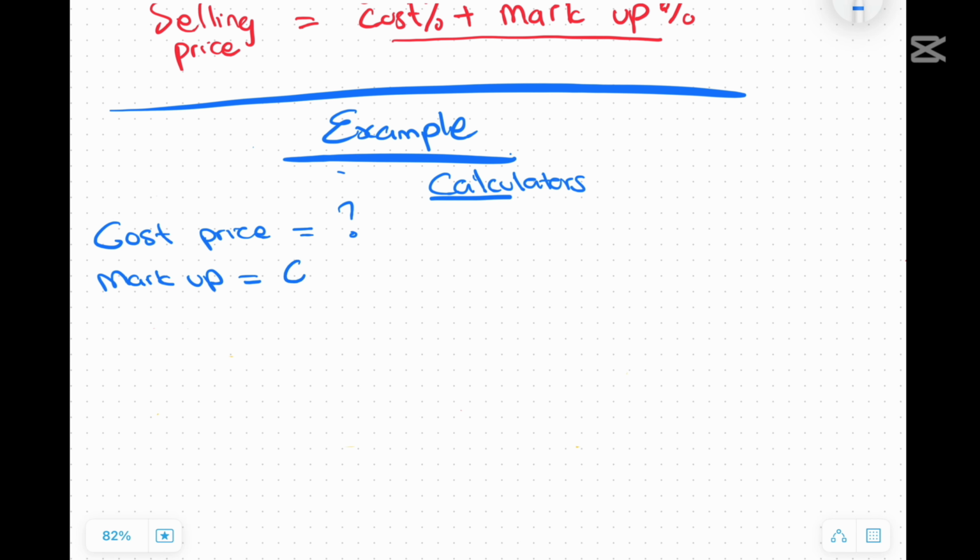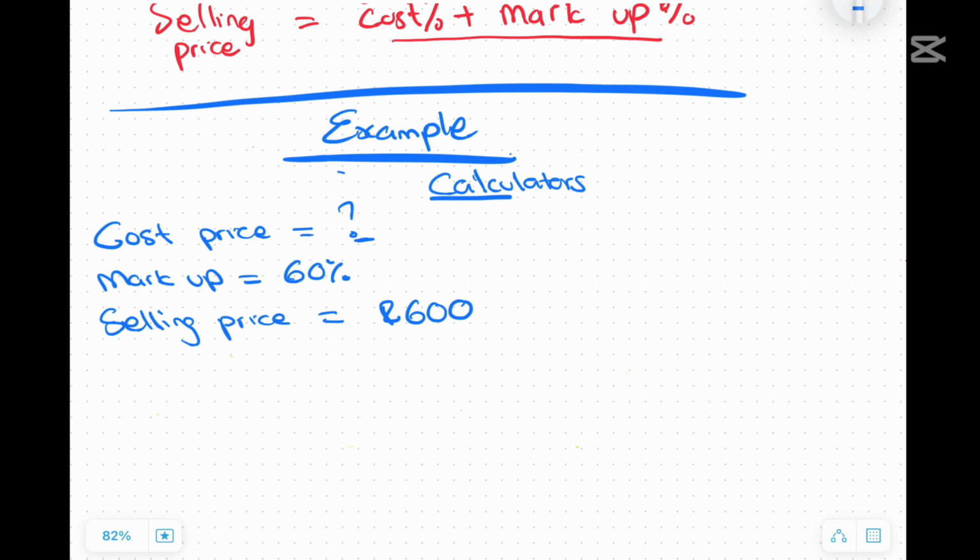They tell you that this business uses a 60% markup, meaning on whatever cost price, they add 60% as their profit. And then the selling price: they sell each of their calculators for 600.